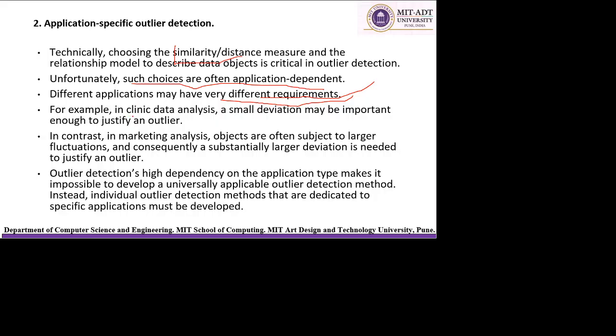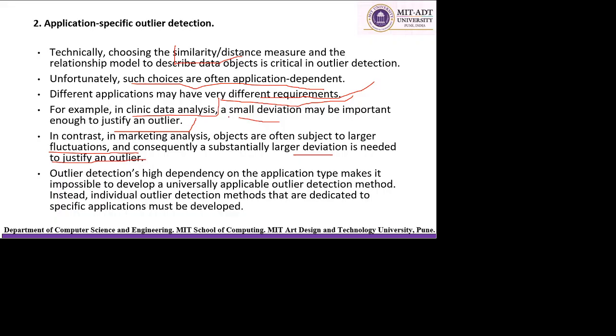For example, in clinical data analysis, a small deviation may be important enough to justify an outlier. But in contrast, in marketing analysis, the objects are often subject to larger fluctuations, and consequently a larger deviation is needed to justify an outlier.